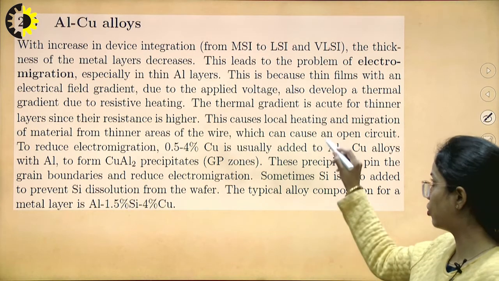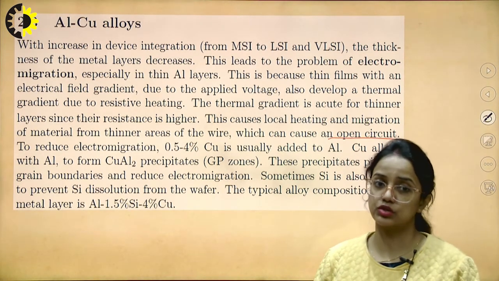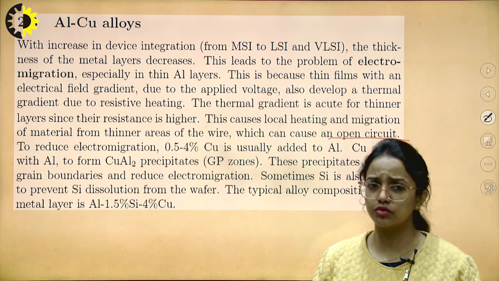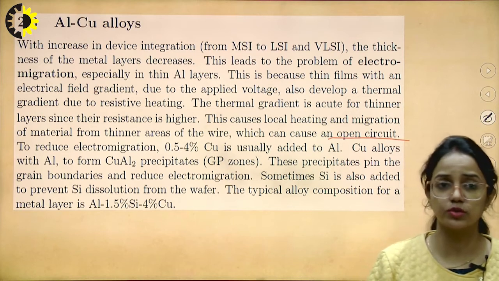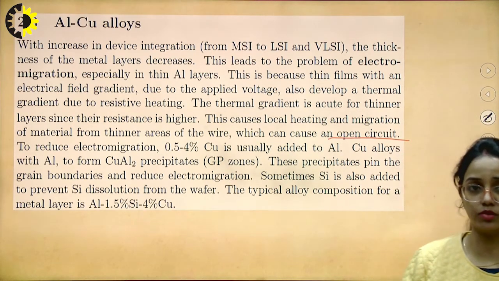So due to this open circuit scenario, we have to think of a solution to reduce this electromigration, and this electromigration can be reduced by 0.5 to 4% when copper is added to aluminum.